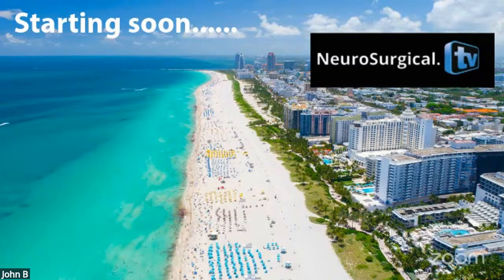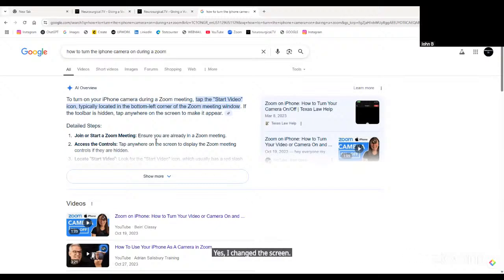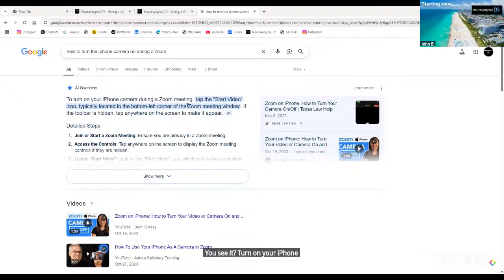Okay, I got the answer. Yes, sir. I have it on the screen. To turn on your iPhone camera during a Zoom, tap the start video icon, typically located in the bottom left corner.